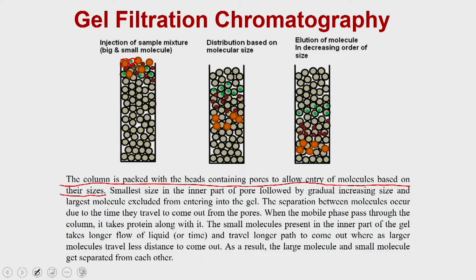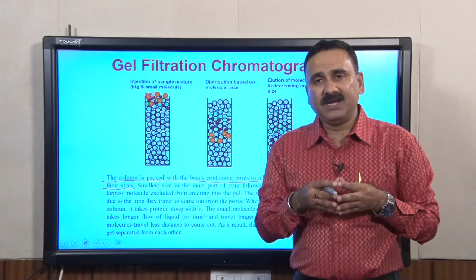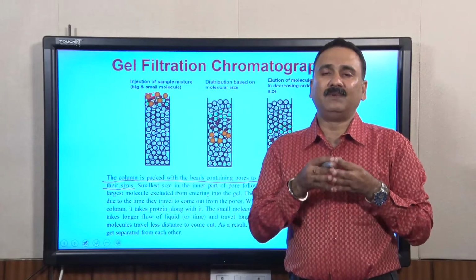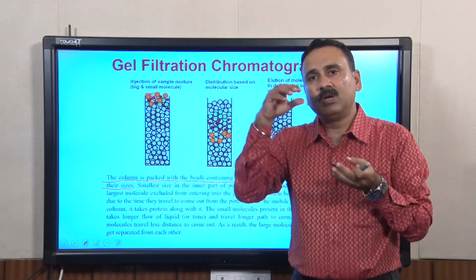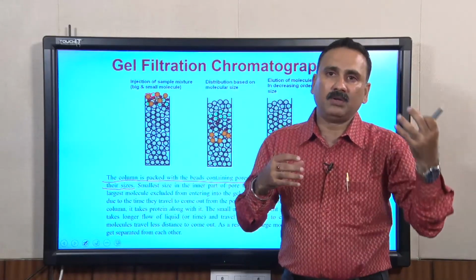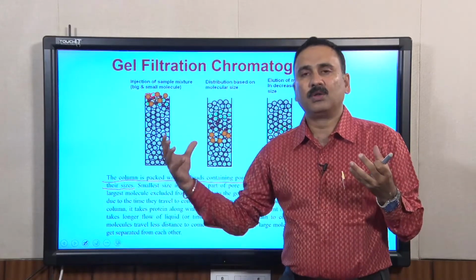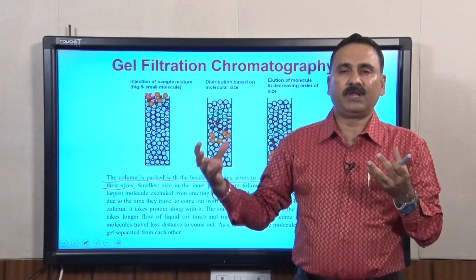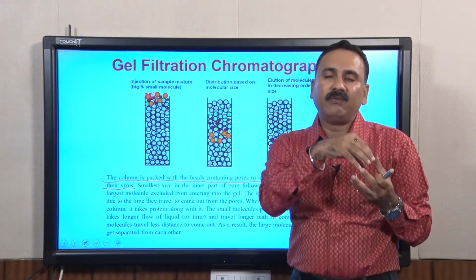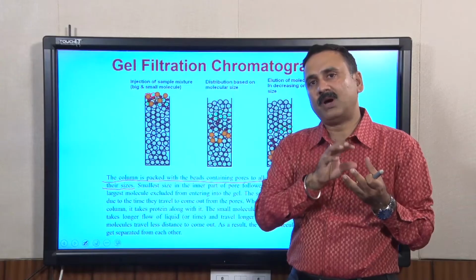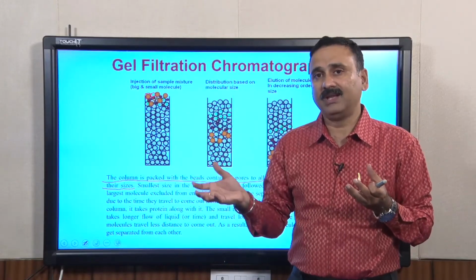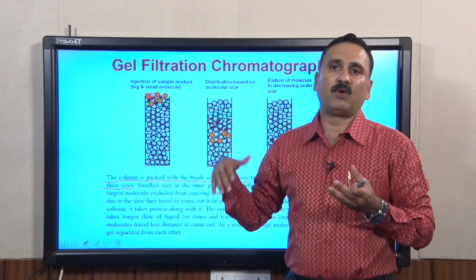All these molecules are going to distribute within these beads, and because these are not normal beads but have pores, they will distribute between the space inside the pore and the space outside the pore. If the molecule is of a smaller diameter, it will get filled into those pores, whereas the molecule of larger size is going to be excluded from these pores.